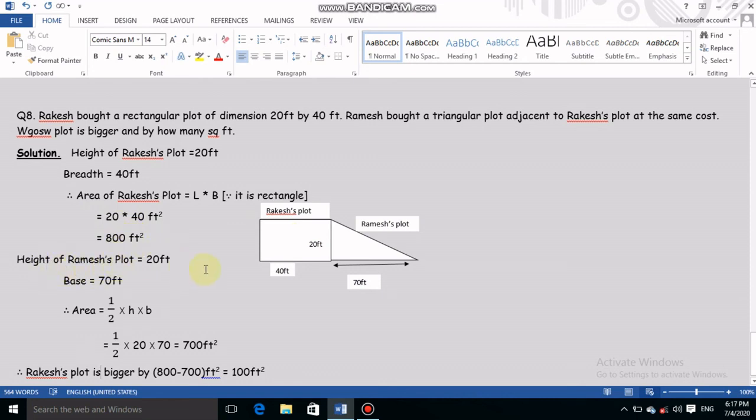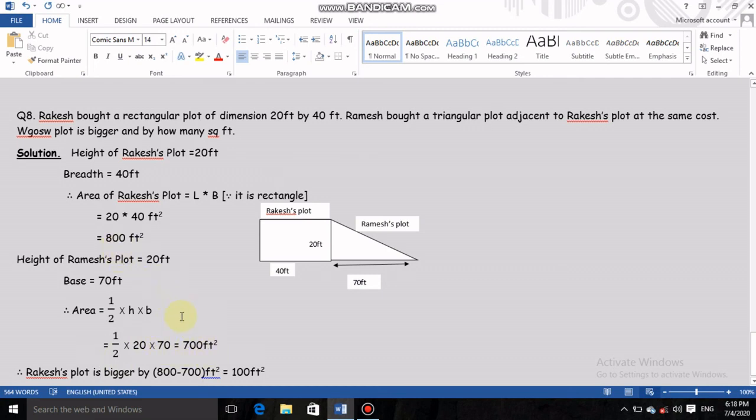This triangular region is Ramesh's plot. Here the height is the same, 20 feet, and base is this, 70 feet. So area is half into height into base. Half into height is 20, base is 70. You divide 20 by 2, you get 10, 10 into 70 is 700 feet square.